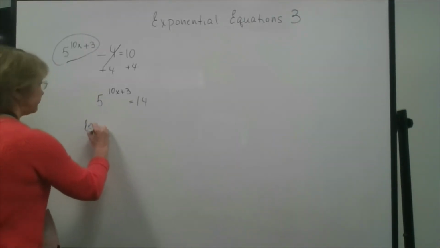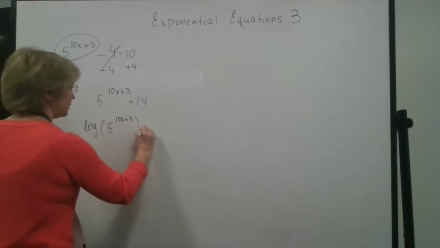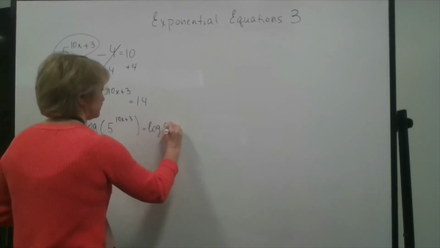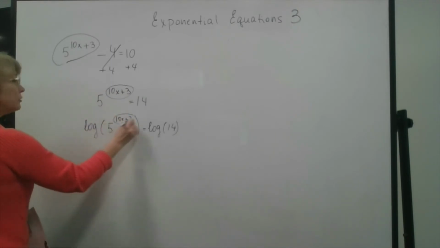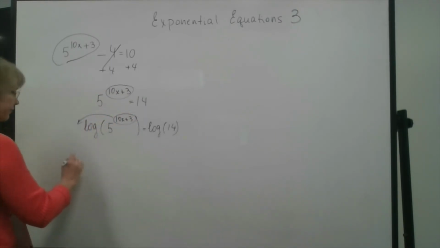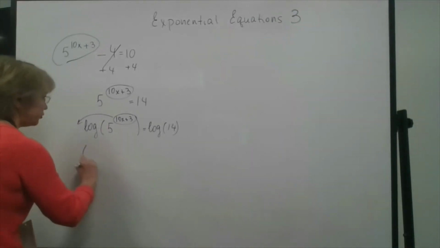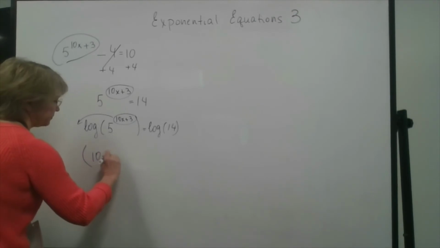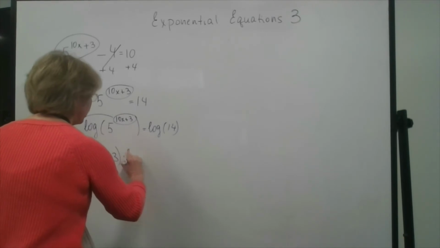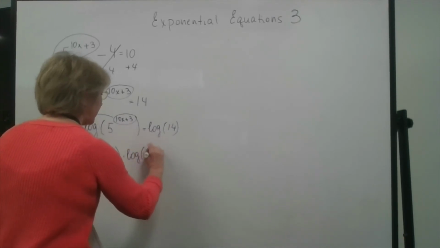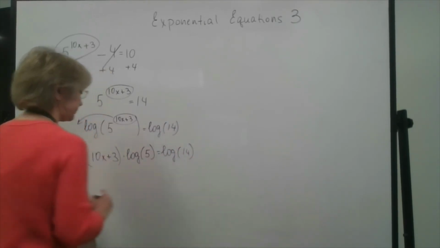Use a logarithm on both sides. Move the exponent, this exponent, in front of the logarithm. What do you have to remember? What is important? You have to put parentheses right here. This is very important. Times logarithm of 5 is equal to logarithm of 14.